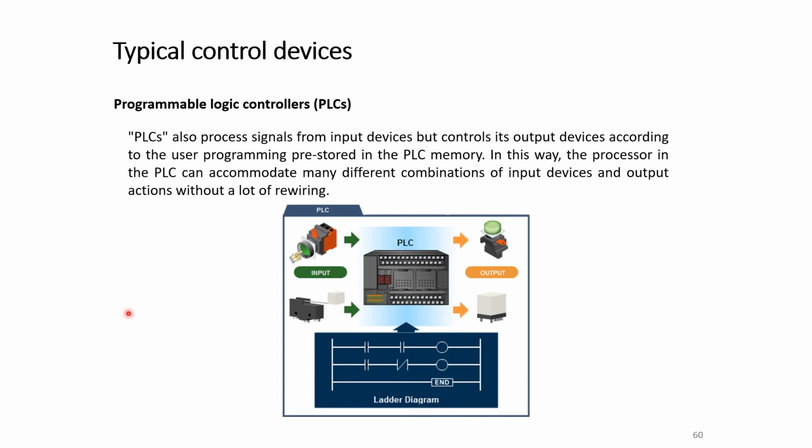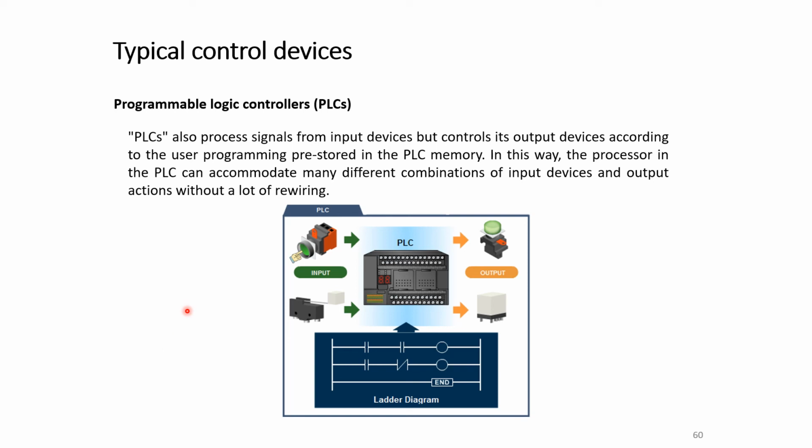So when the number of inputs and outputs increases, if you want to use conventional relays, we need to have complicated circuits and wiring. And in case we want to change the logic, we need to change the rewiring or change the configuration of relays again. To avoid that, we use PLCs.